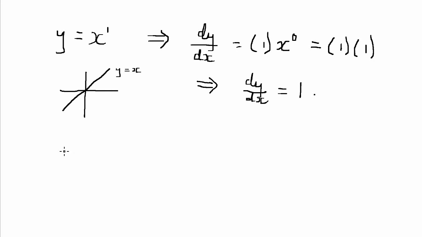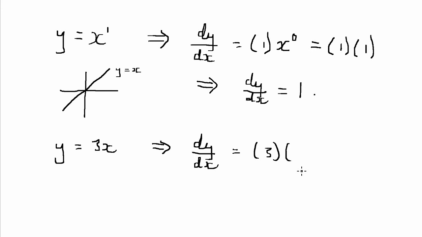And in particular now, what about a general case? What about something like y is 3x? Well, follow the rules of differentiation. We said on the previous page, if you've got a number times a thing, then take that number, stick it in a bracket, worry about it later. Just differentiate the rest of it. We've just said, when you differentiate x, you get 1.